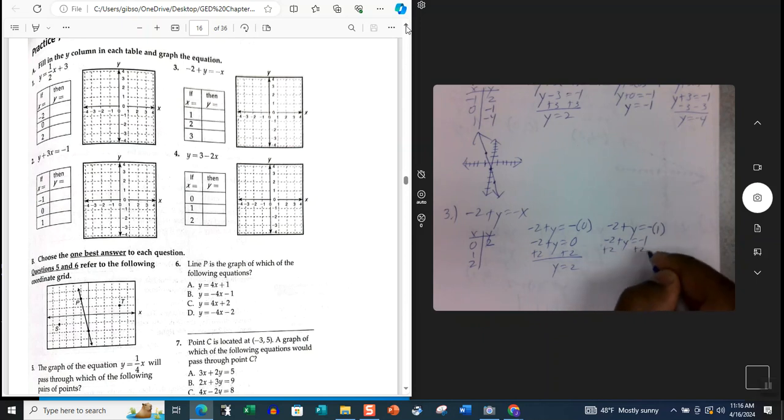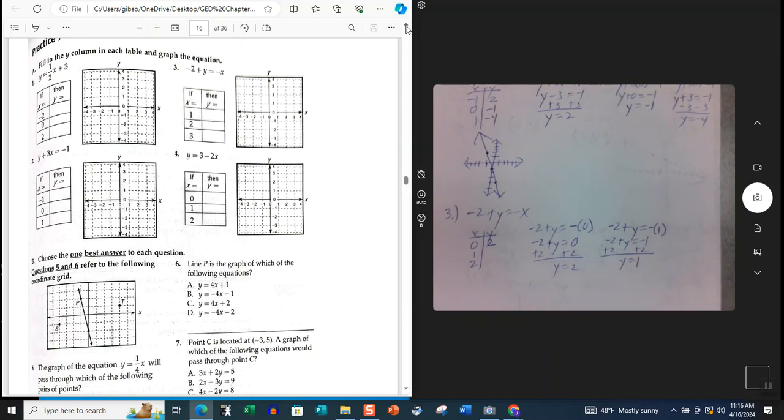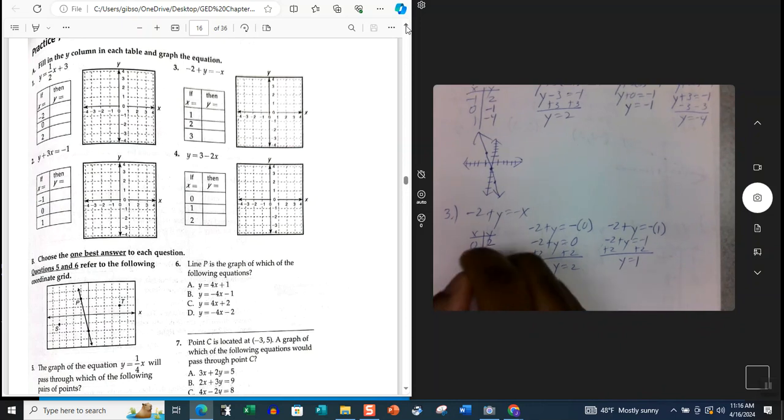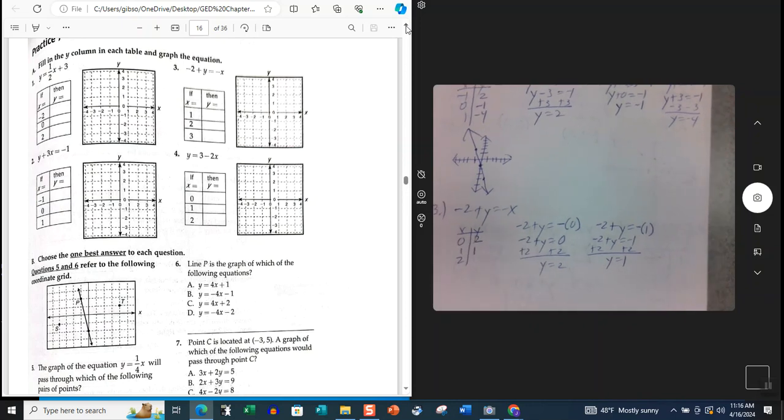We add 2 on both sides, and y is 1. So when x is 1, y is 1. Now finally, we substitute in 2 for x. So we have -2 plus y equals the opposite of 2. So -2 plus y equals -2. Add 2 on both sides, and y is 0.